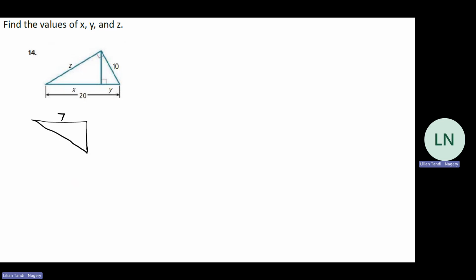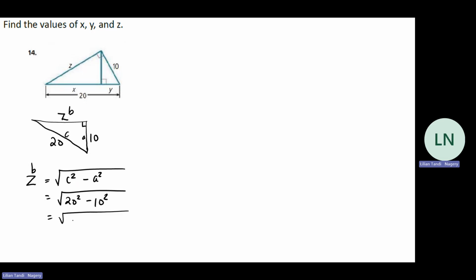So this is Z, this is 10, and this is 20. So we'll use the Pythagorean theorem. So let's call this A, let's call this B. So we want to find, no, this cannot be B because it's opposite the 90 degrees. This has to be C. So this will be B. Let's find B. So Z, which means find B, is found by C squared minus A squared, which is 20 squared minus 10 squared, which is 400 minus 100, which is the square root of 300.